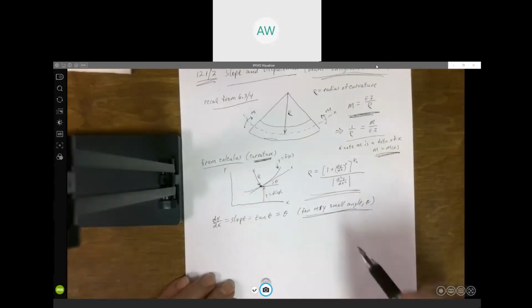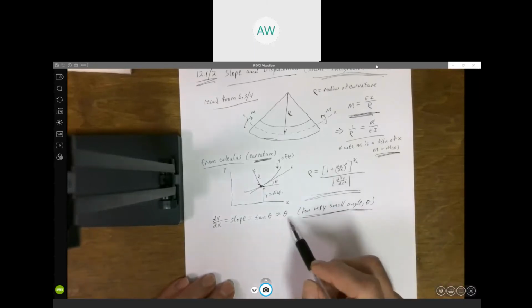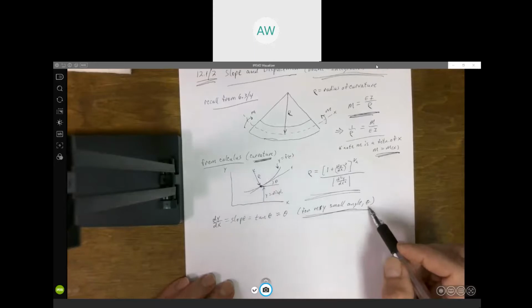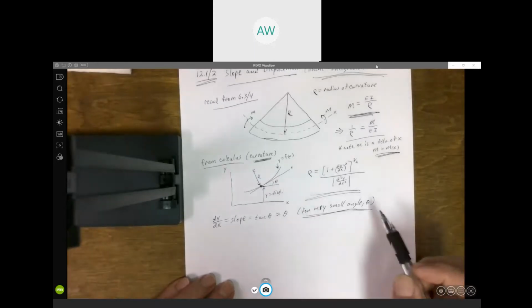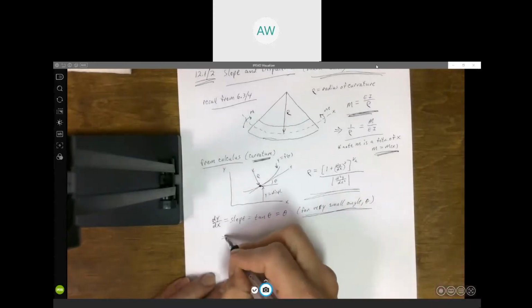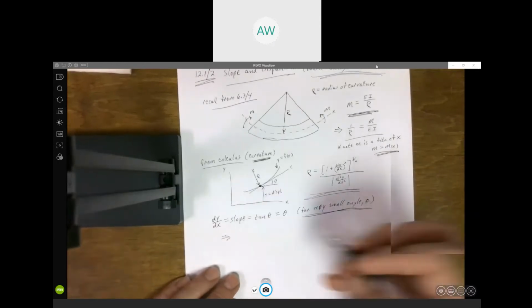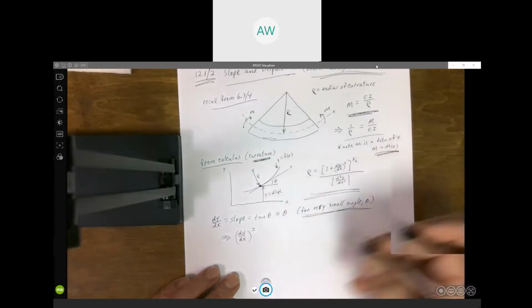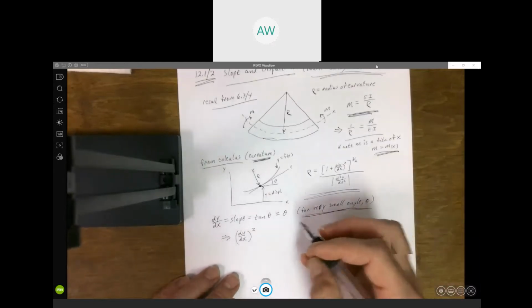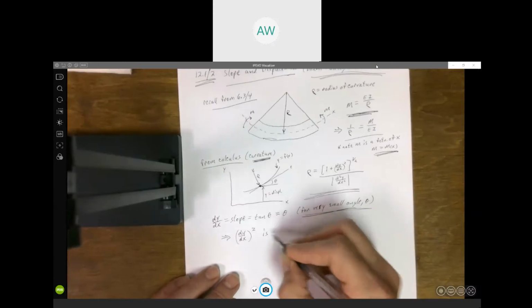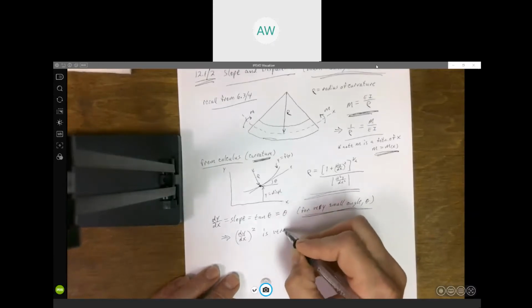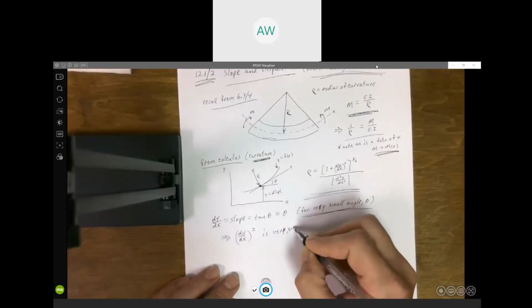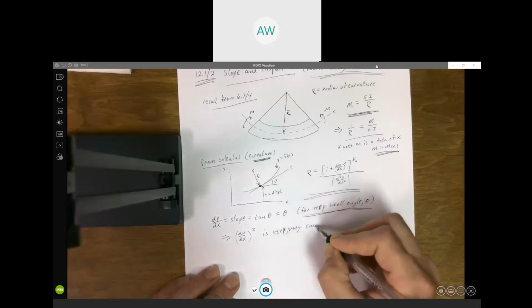So if dy/dx is essentially the angle theta, and that angle theta is really, really small, then dy/dx squared, remember we're squaring it, you take something really small and square it, is very, very small.